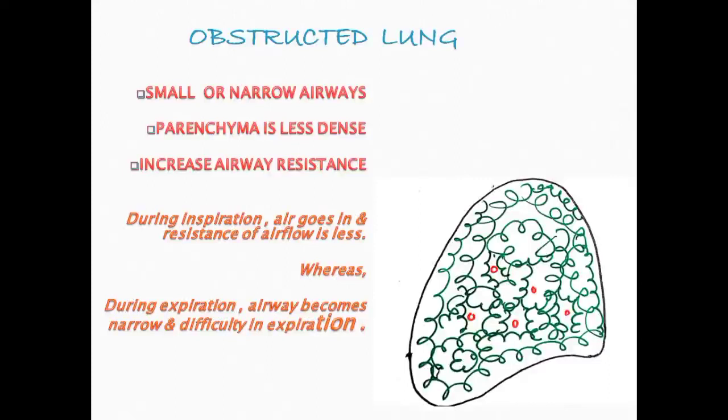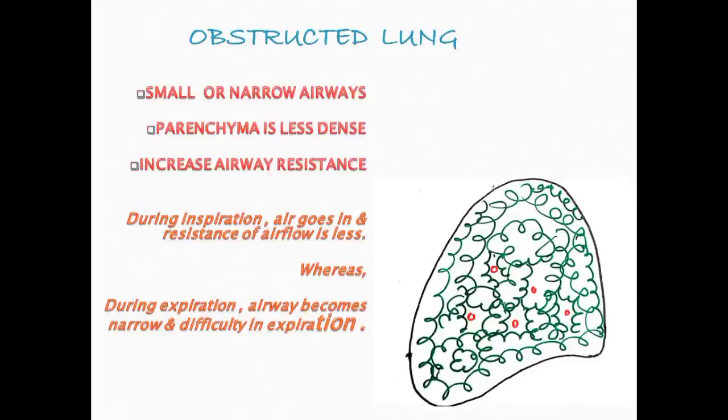There is already an obstruction, and the surface area is also getting reduced. So during expiration there is not enough space for the air to go out. So this is about the obstructed lungs. That's why the patient will have more problem in expiration as compared to inspiration.